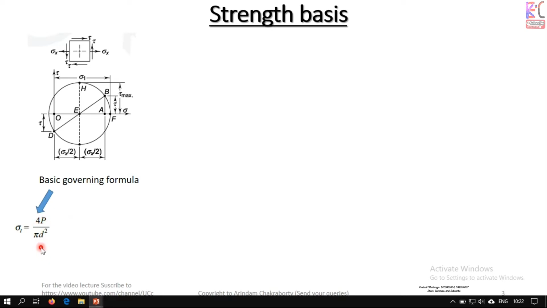The force used to be in the numerator, but due to the flipping of the sides, the 4 comes up. Now let us understand how it happens. For a simple way, sigma is equal to force by area.